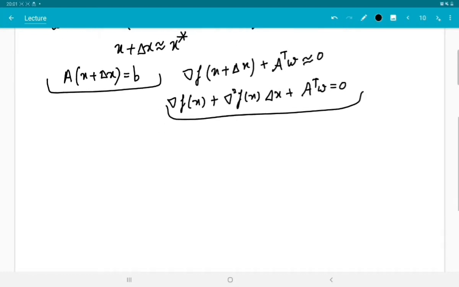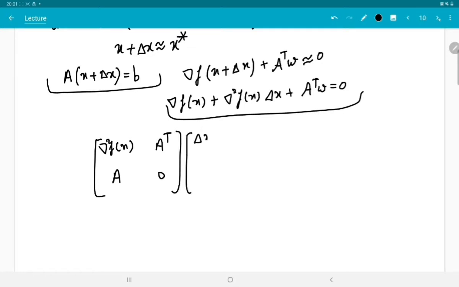Writing down in the matrix form, we have del square f x, A transpose, A, 0, times delta x, W, giving minus del f and Ax minus b.